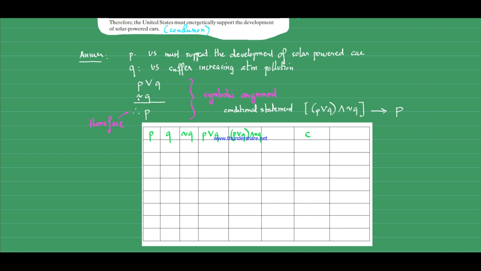So I recommend that after you write a symbolic argument, make sure you also write a conditional statement for this argument, because without it we don't know what to put on the truth table. It's very important.